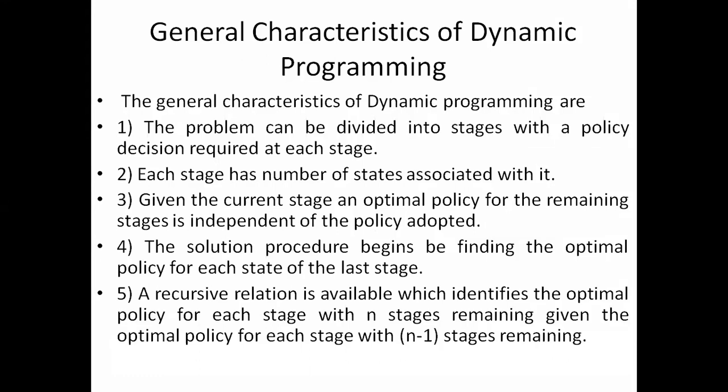The solution procedure begins by finding the optimal policy for each state of the last stage. Whenever a recursive relation is available which identifies the optimal policy for each stage, that means we have n stages, it gives the optimal policy for each stage with n-1 stages remaining.